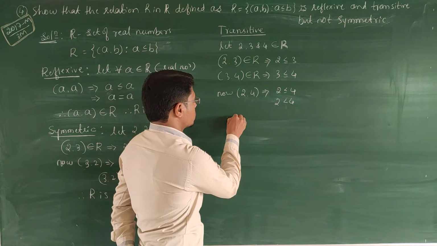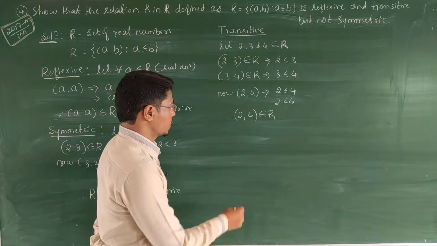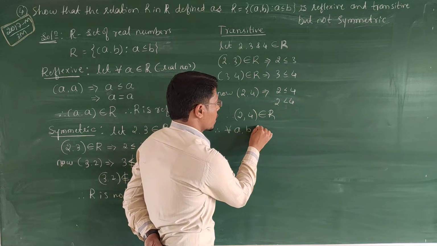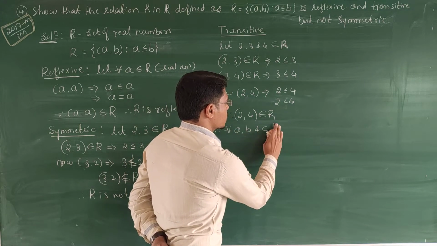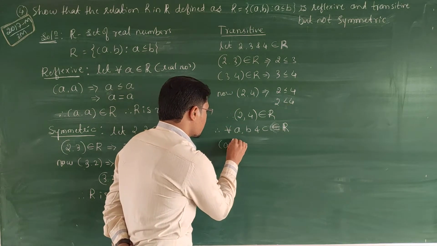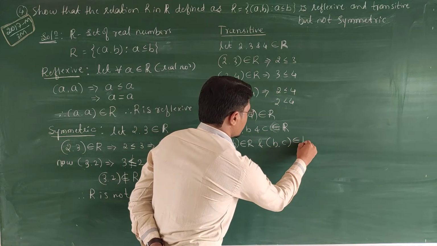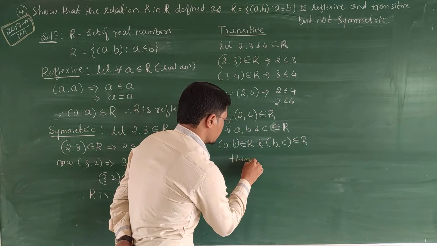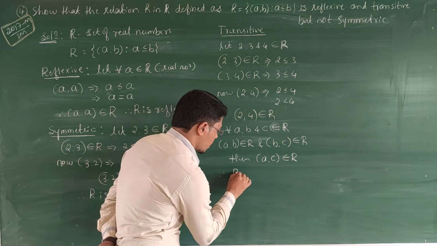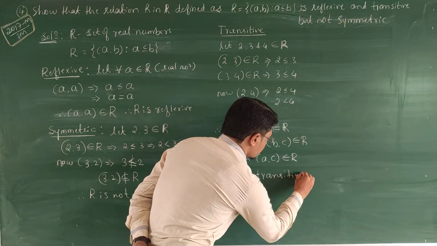Therefore (2, 4) belongs to R. So we can write: for all A, B and C belonging to the set of real numbers, if (A, B) belongs to R and (B, C) belongs to R, then (A, C) belongs to R. Therefore R is transitive. R is a transitive relation.